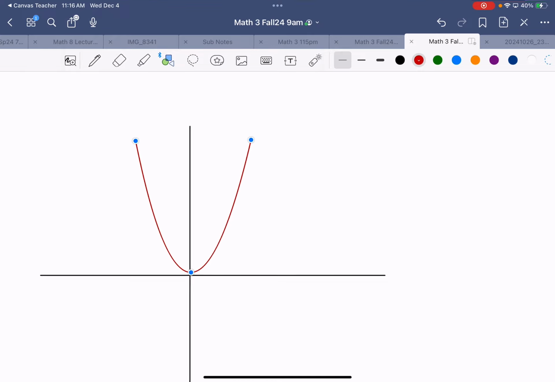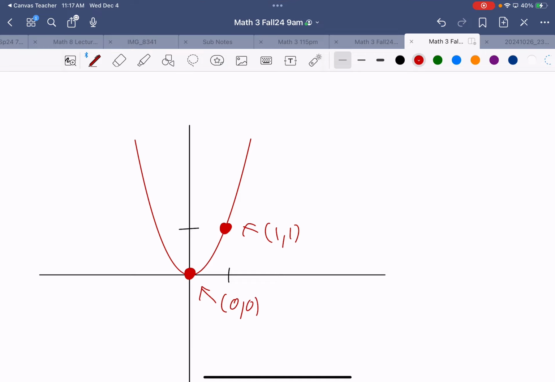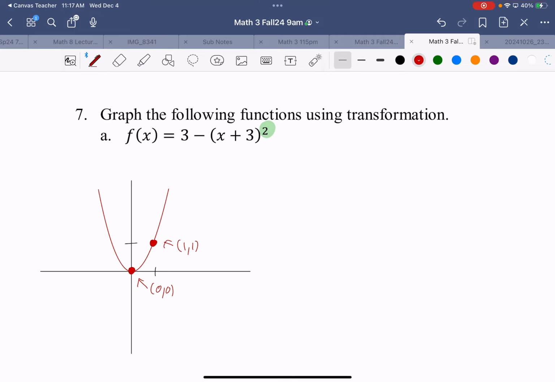And don't forget, the nice thing about a lot of these is that they share this 0, 0 point and this 1, 1 point. And a lot of them share that, right?